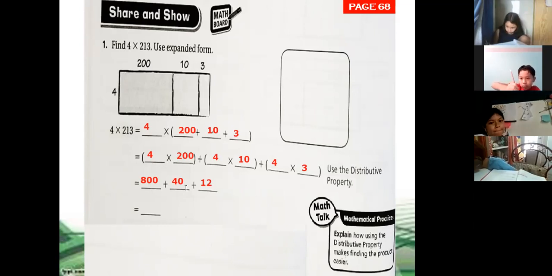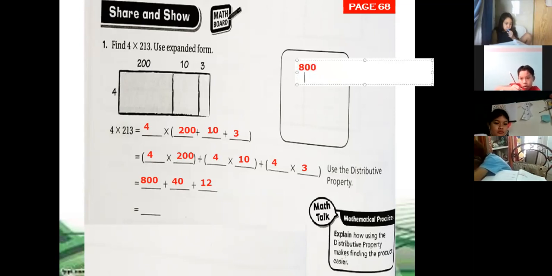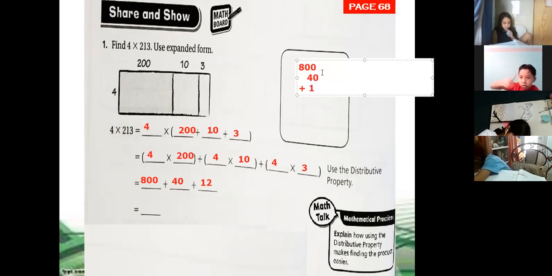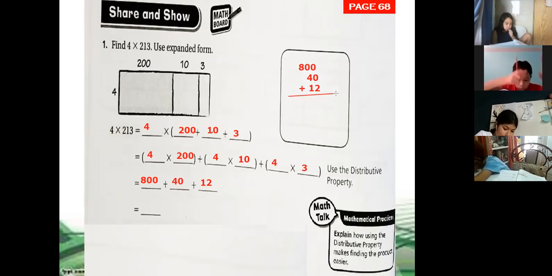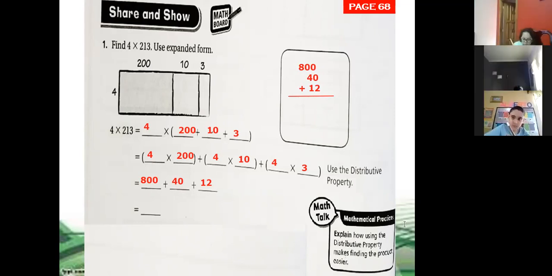Let's add 800 plus 40 plus 12. We can use these spaces to add. What's the answer of this addition? 852.